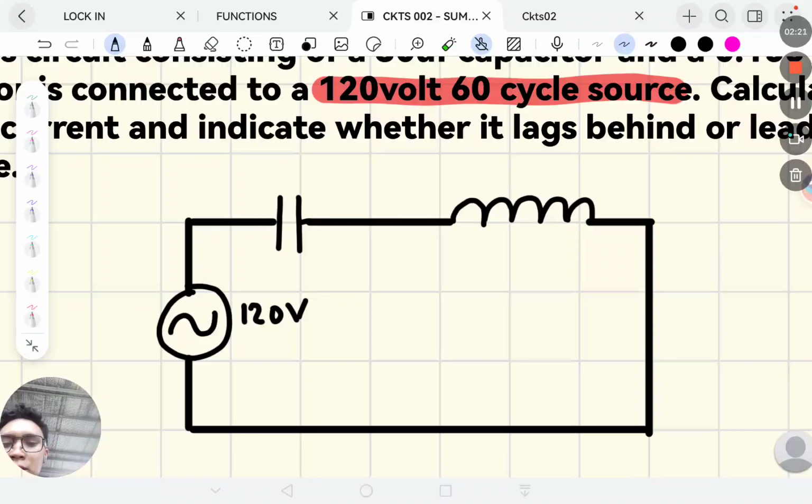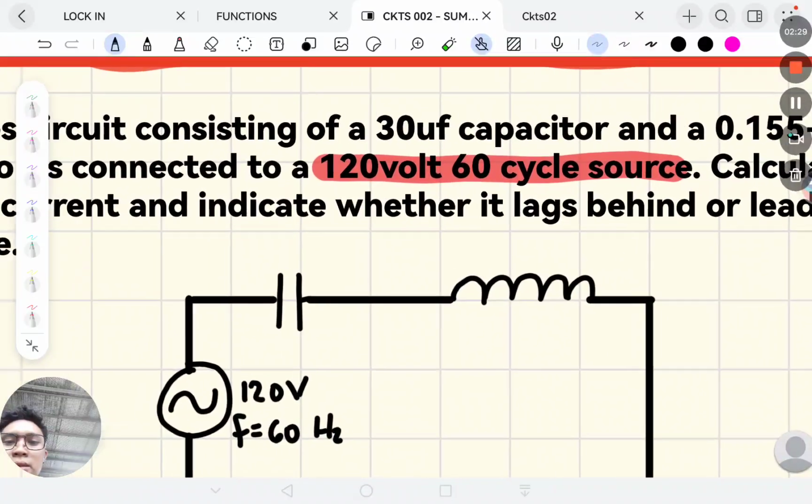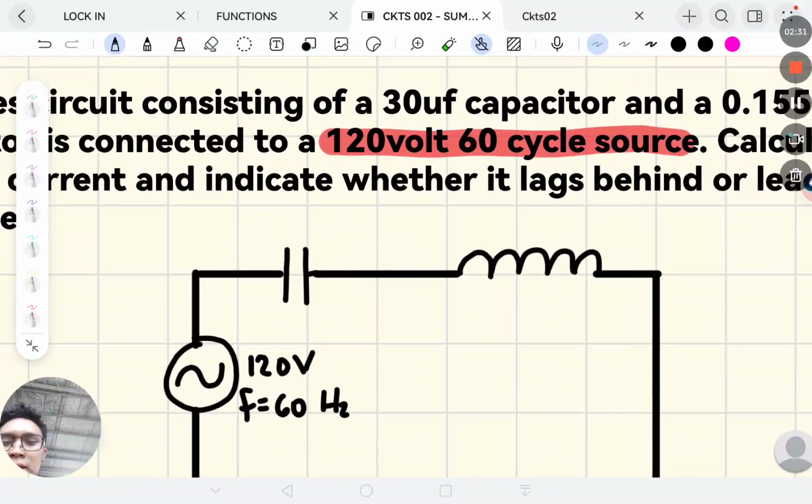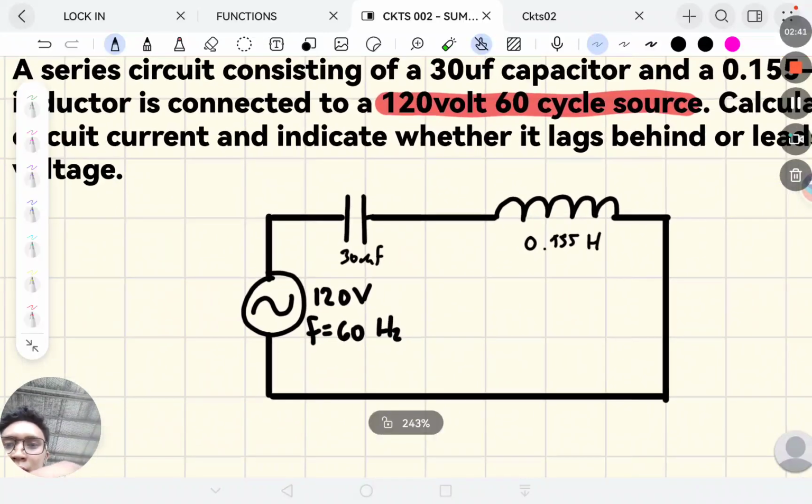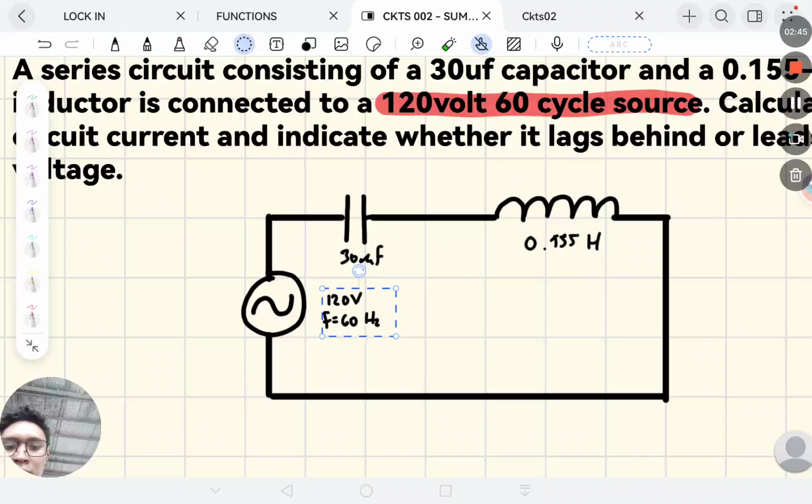Cycle is hertz. So frequency 60 hertz. Capacitance, value ng capacitor is 30 microfarad. Inductor is 155 Henry. Ayan.